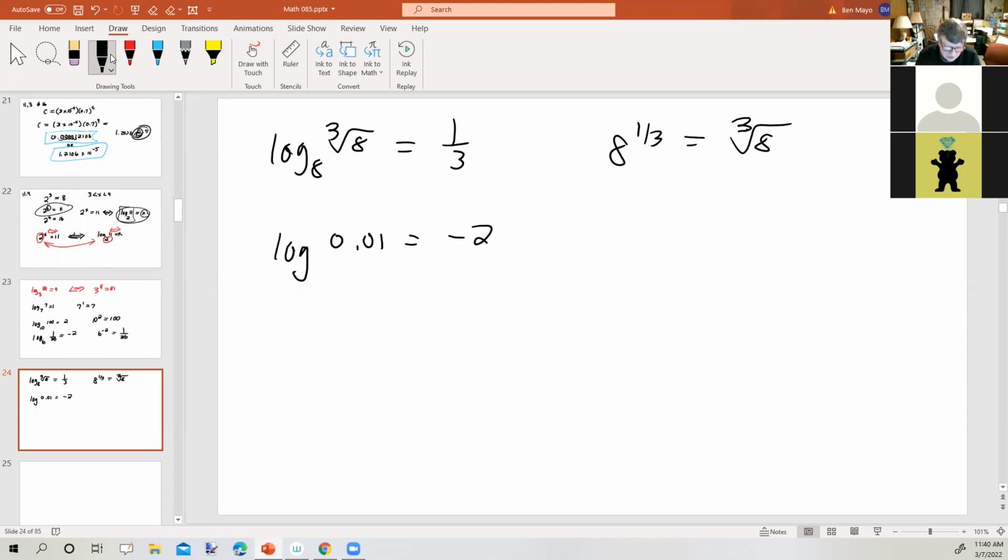And mathematicians are always efficient. So what they decided was that if we have a situation that's log base 10, we just leave the base blank. We won't put anything there, and we'll just know that that's log base 10. So there's an implied 10 here. So this becomes 10 to the negative 2 power equals 0.01.